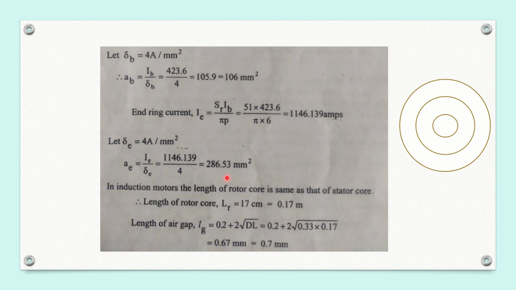Now let us find out the diameter of the rotor as well as the length of rotor core. Okay, so this outer section here in this diagram is the stator. This is the outer periphery of the stator, and this is the inner periphery of the stator, and this one is our rotor.